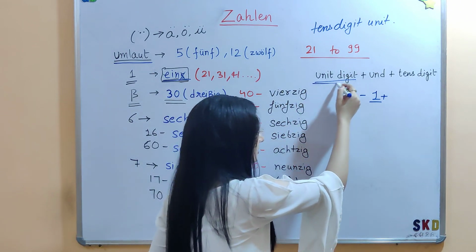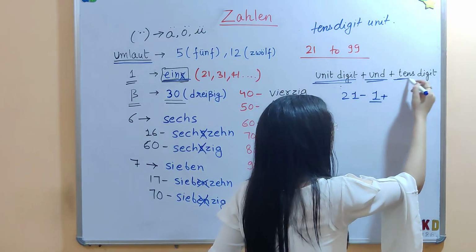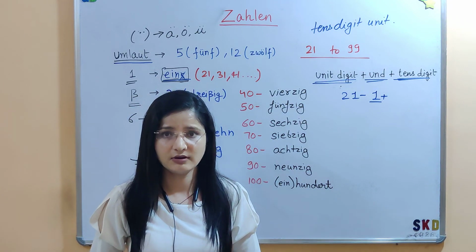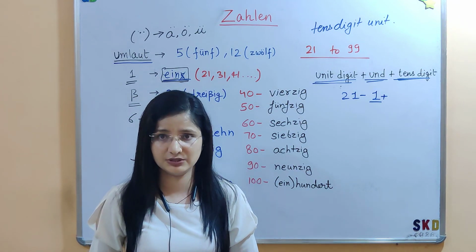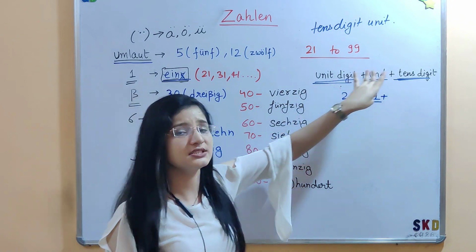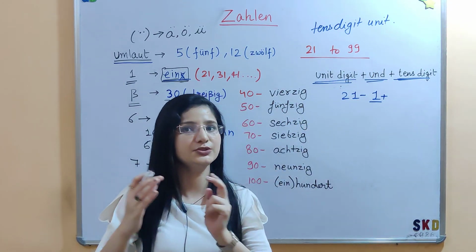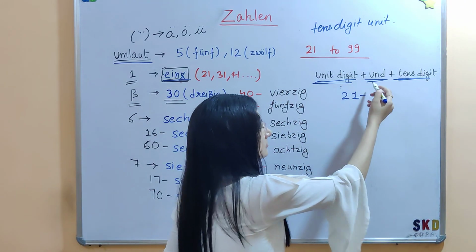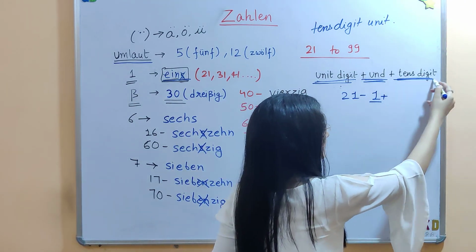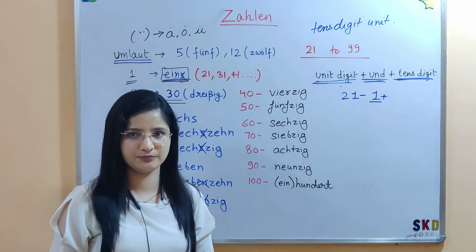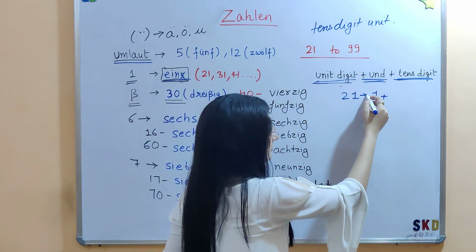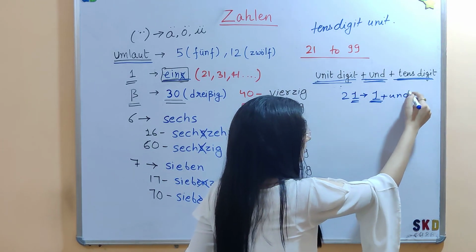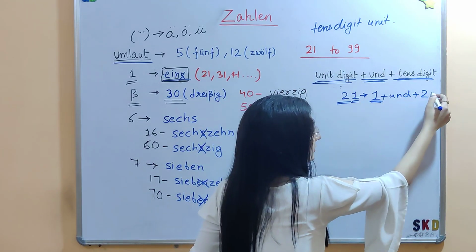Firstly we need to write the unit digit, then und, and then the tens digit. From 13 to 19, which I already discussed in my previous video, we do unit digit and then tens digit. From 21 to 99 it is unit digit plus und plus tens digit. So und will be there in between. So 21 will be unit digit 1 plus und plus tens digit 20.